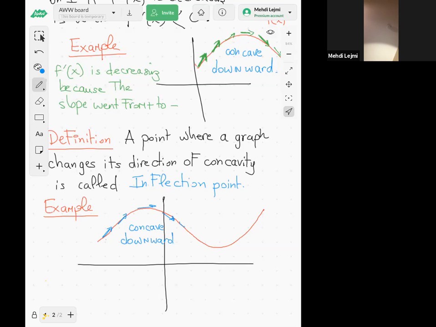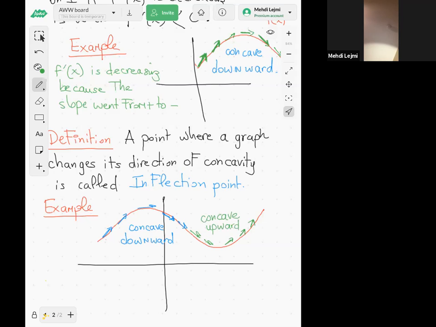Here it's concave downward, and then, let's pick a different color, let's say green. Okay, and then it becomes concave upward. So this is concave upward.